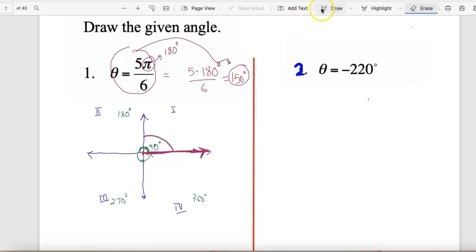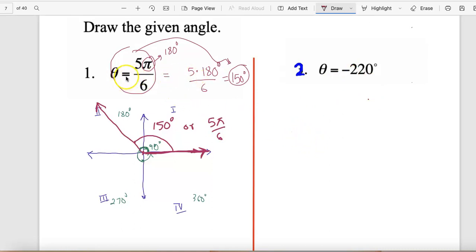We might not be accurate, but I can assume somewhere over here. Let's stop here. This is 150, so I will draw my terminal side over here. This is my 150 degree angle, or as the question says, this is my 5 pi over 6. So this is how I draw my angle.